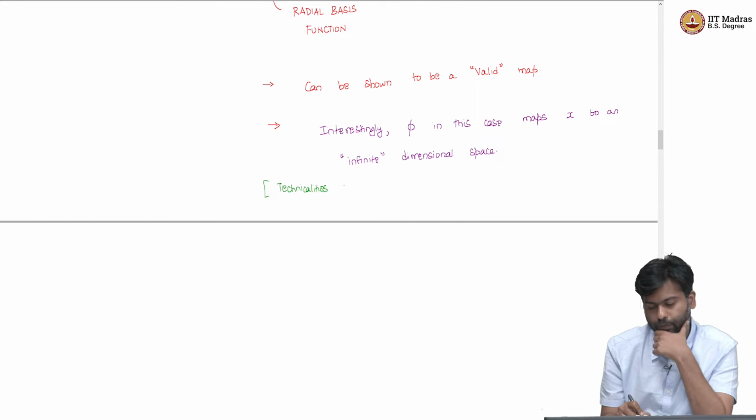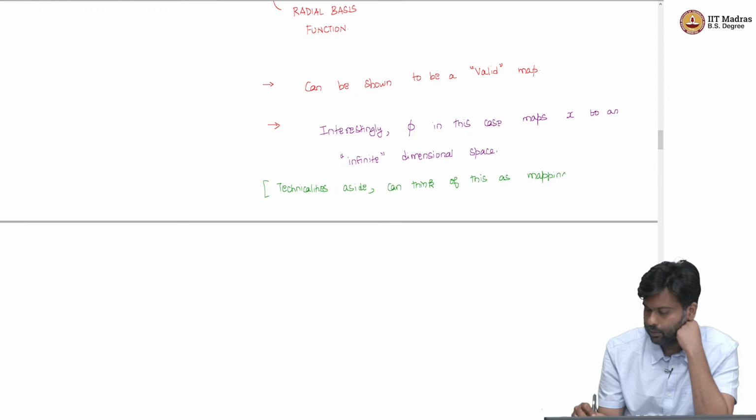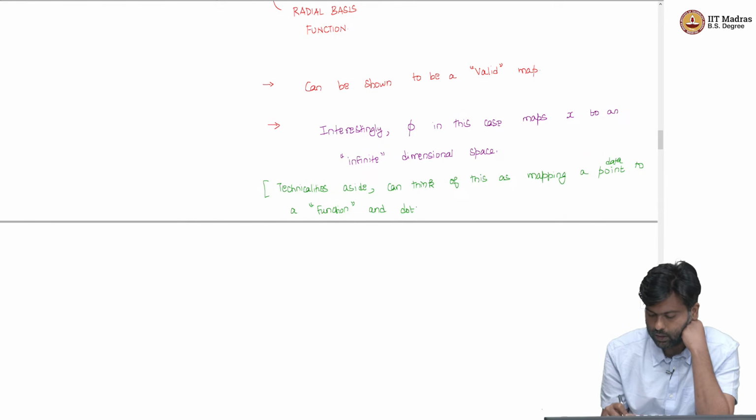Technicalities aside, you can think of this as mapping a data point to a function, and I will tell you what this means in a minute, and dot products between functions become integrals.